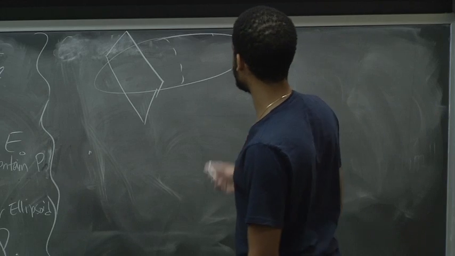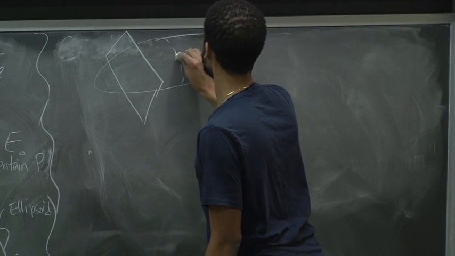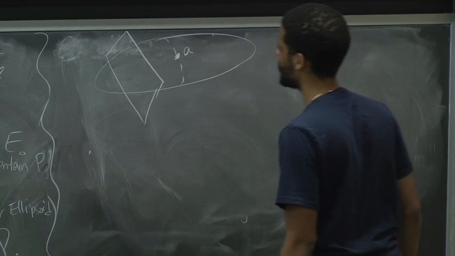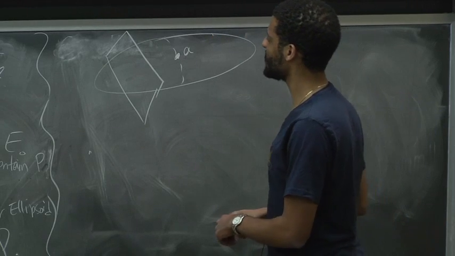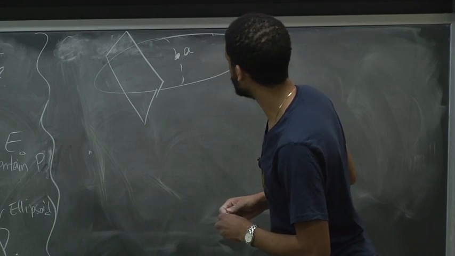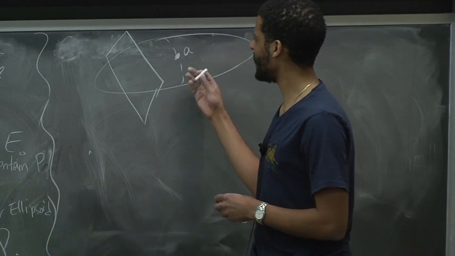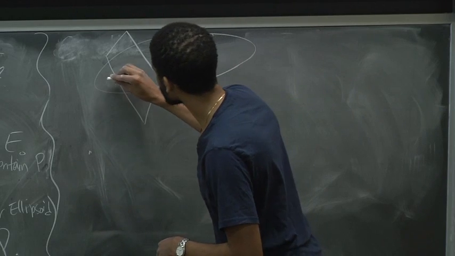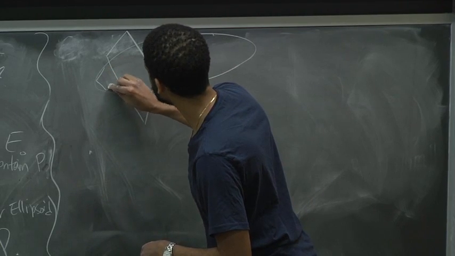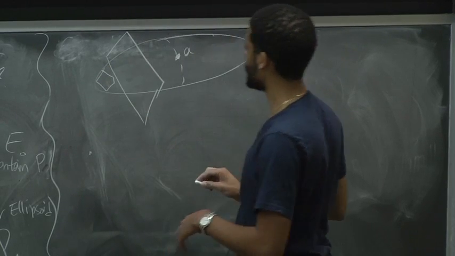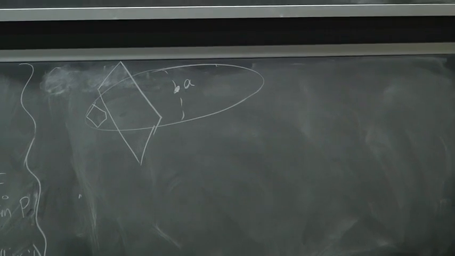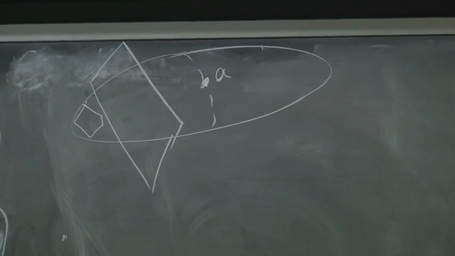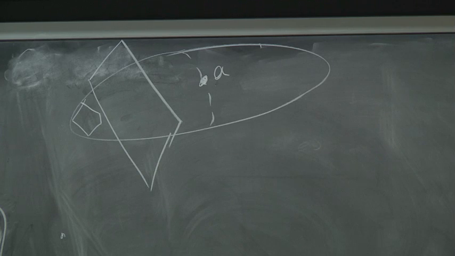So we know that a is the center of the ellipsoid, and you're telling me that a is not feasible, which means that our desired polytope completely lies on the other side of the hyperplane.